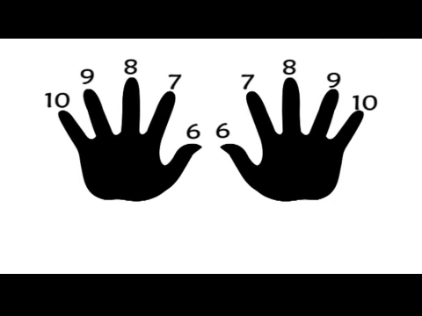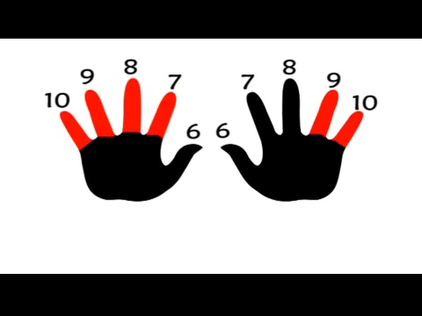Now, for tables from 6 to 9, we have given these pictures of the fingers, which are going to help you. Each finger of both hands represents numbers 6 to 10. Suppose we have to multiply 6 into 8. Let fingers 6 of the left hand and fingers 6, 7 and 8 of the right hand be stretched, and the other fingers be closed.